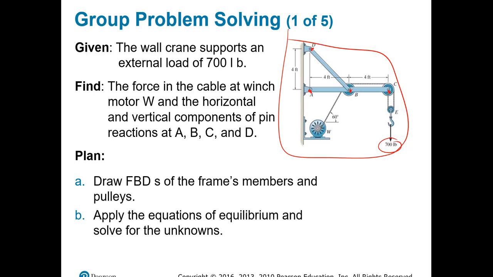So this is the way I see it. You have to break up this problem in a way that you have a clear path on how to solve it. If you start with the reactions, you have so many unknowns, but you were given a force.